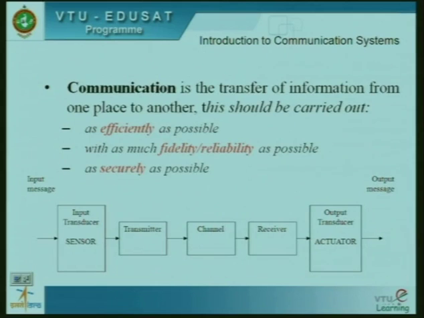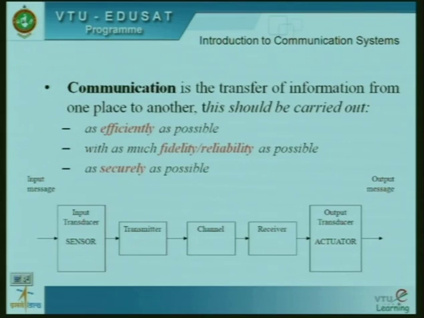Let us understand what a communication system is all about. As I mentioned in my earlier class, we have an input data that has been captured by a sensor. Maybe the speech is captured by a microphone. The sensor converts the data from a physical quantity to an electrical signal, and then it is given to a transmitter.